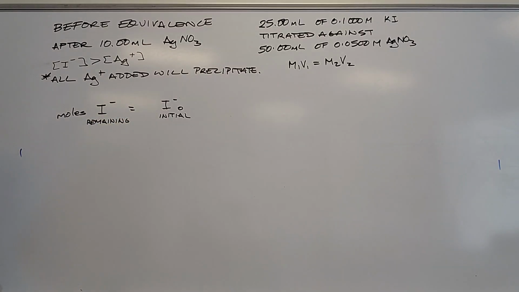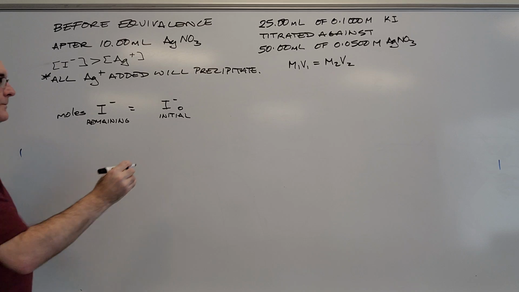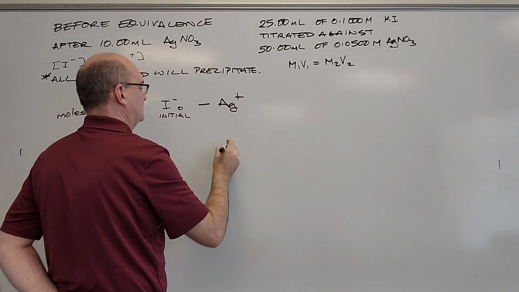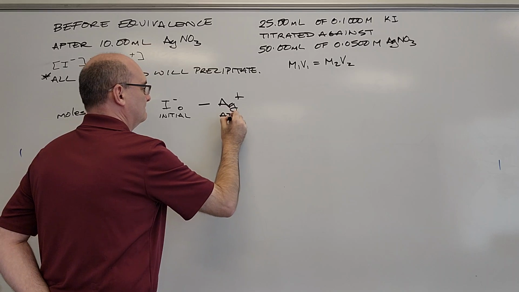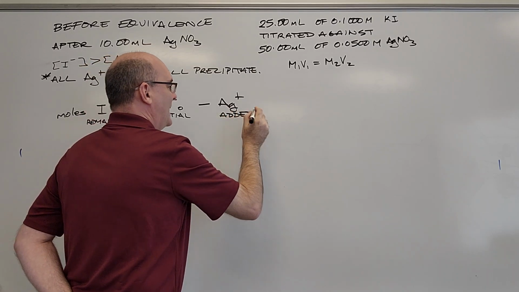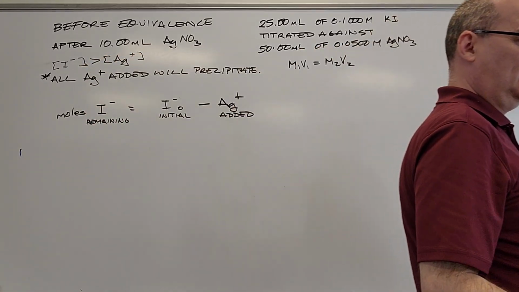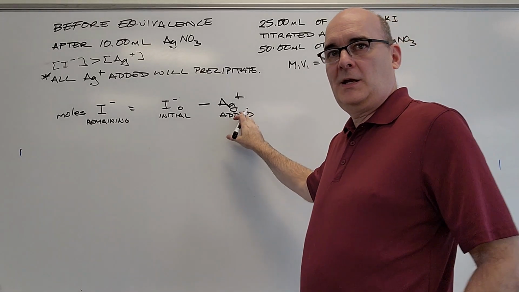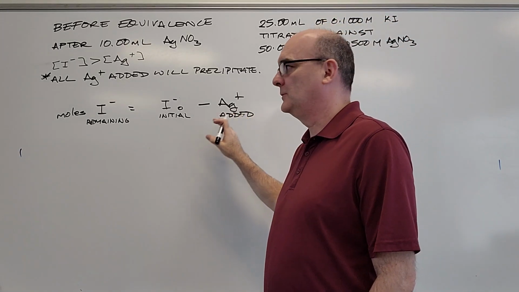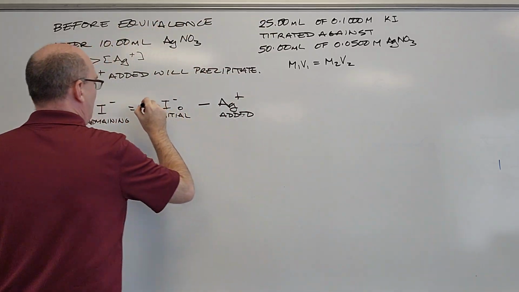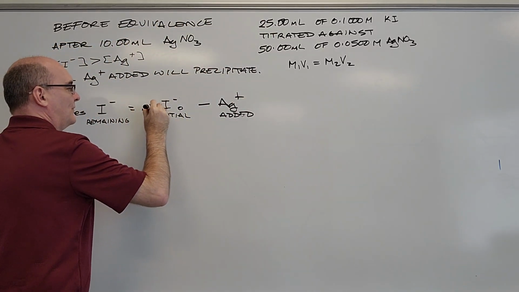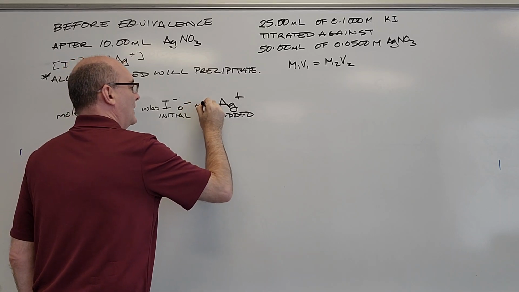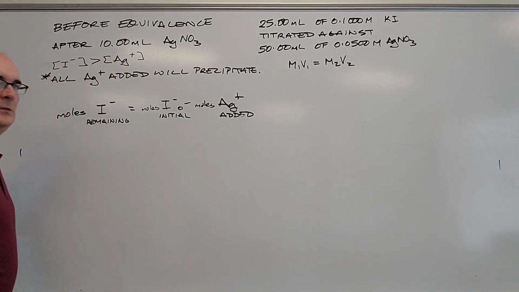This is the amount of iodide that is remaining. The added silver removes some iodide, the same number of iodide as you have used. So the moles of iodide is equal to the moles of iodide that you started with, and we're going to subtract from it the number of moles of silver that we've added.